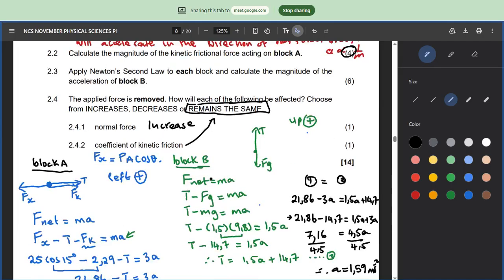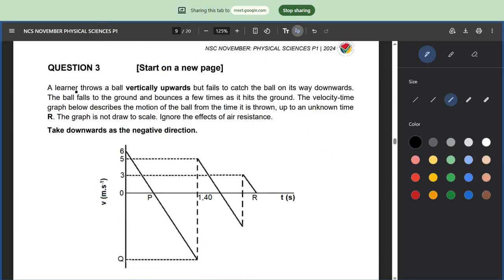The next question is, Helena throws a ball vertically upward, but fails to catch the ball on its way downwards. So the learner is going to throw a ball upward. But if you're throwing something, you're going to start to throw it at a certain height, because for sure this person is standing or something. Okay, let me read the question.